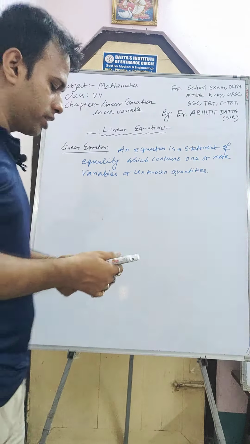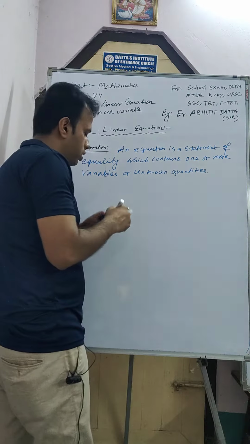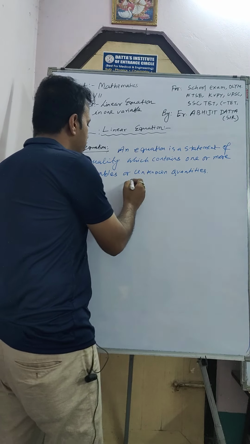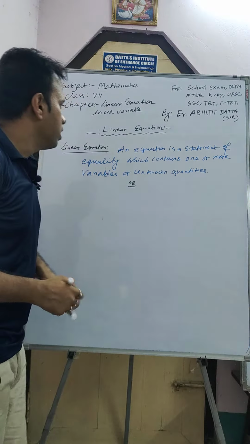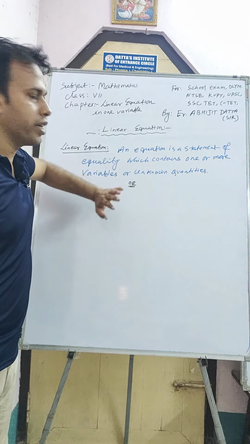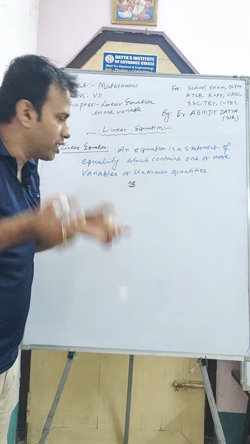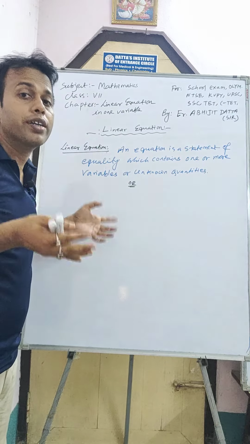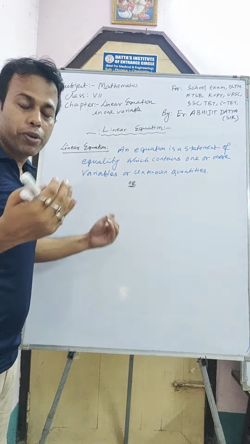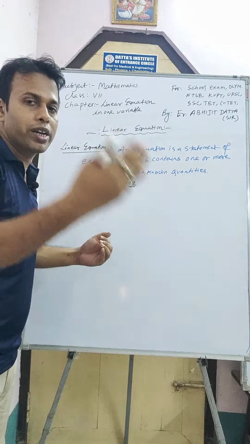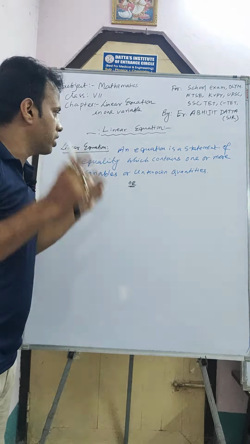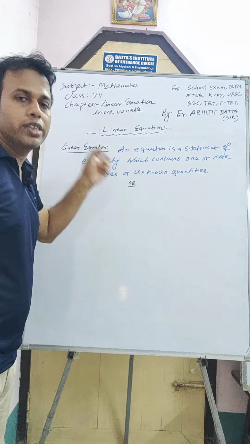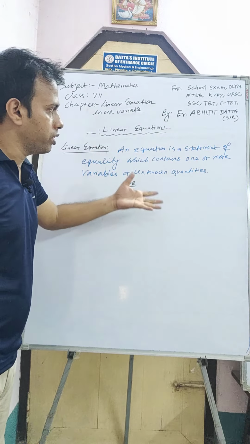So this is the basic definition of a linear equation. Let me explain this statement. An equation is a statement of what? Equality. That is, it compares one thing to another. If it is equal, then it is equality.